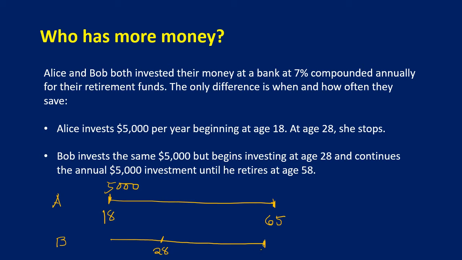All right, so this is 5,000 and it's always 5K. So who has more money when they reach their retirement age? What do you think?